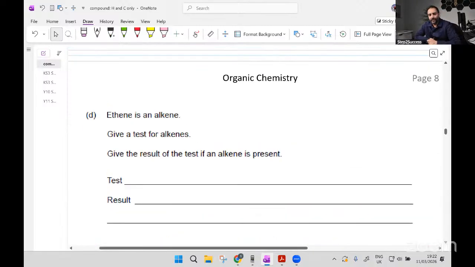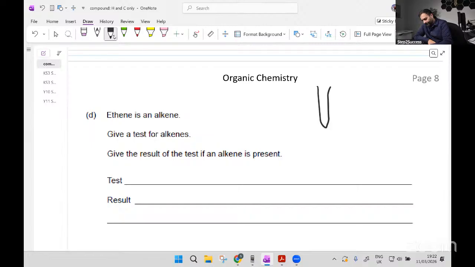The test for alkenes. I'm going to do this question once because I think it gets repeated quite a lot. If I gave you a test tube and I said, one of these is an alkane, one of these is an alkene, which is which? How would you know? There is a test that you can do. The test involves adding them to bromine water. Bromine water is orange.